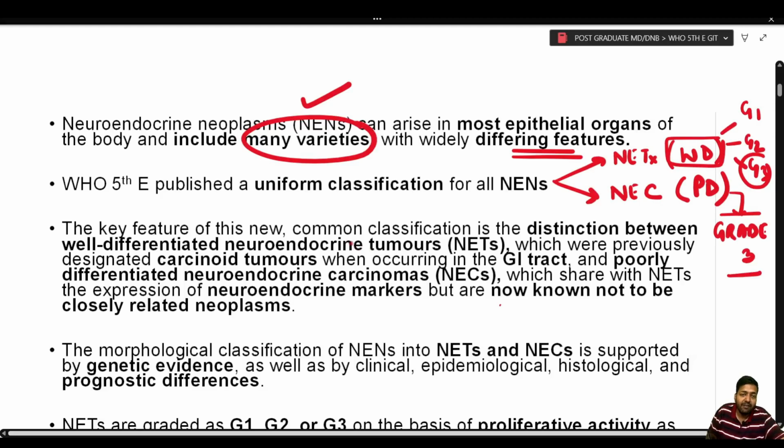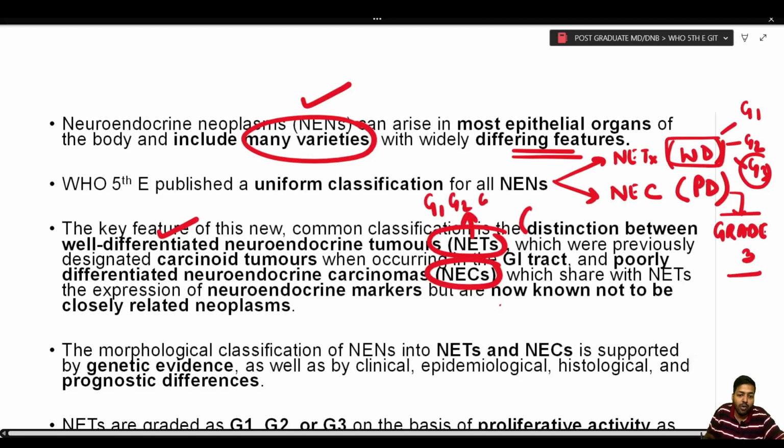I will repeat what I have just said. The key feature of this new common classification is the distinction between well differentiated neuroendocrine tumors and poorly differentiated neuroendocrine carcinomas. The neuroendocrine carcinomas are by default poorly differentiated, and all of them are high grade. Always remember, it is only the NETs that are graded into grade 1, 2 and 3.